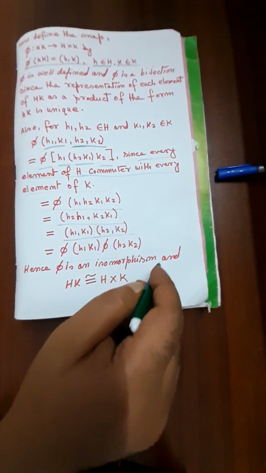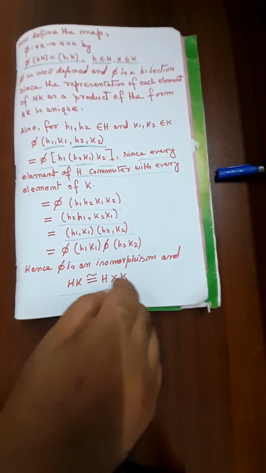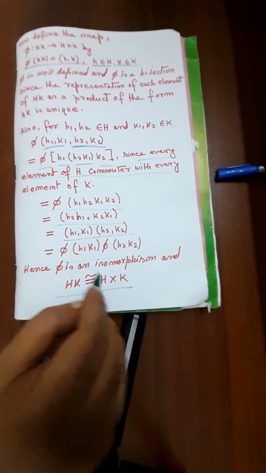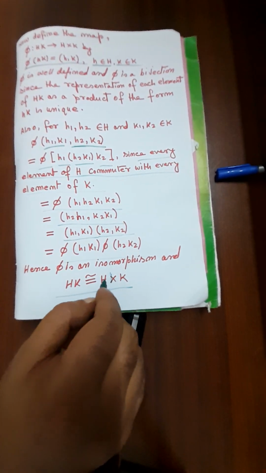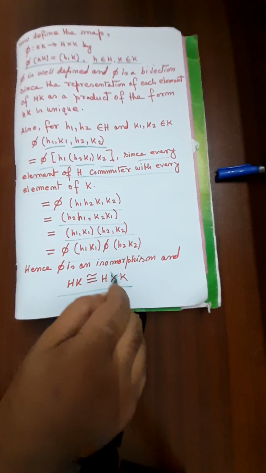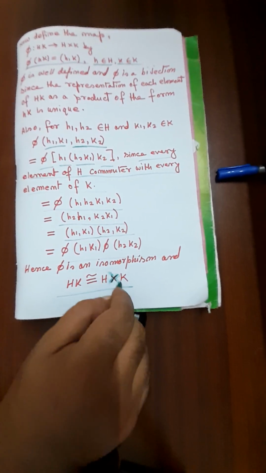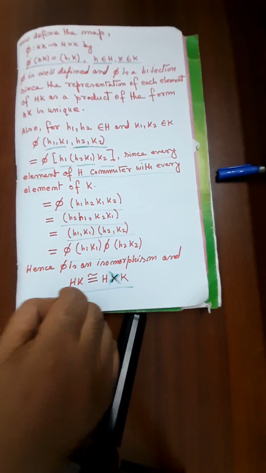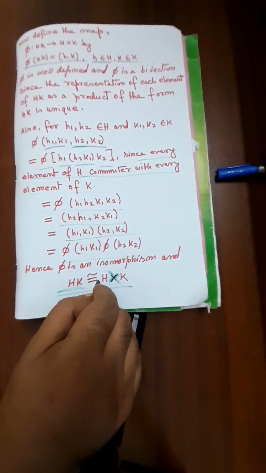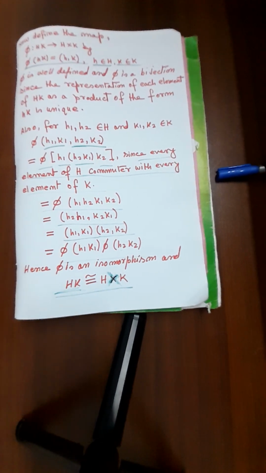Hence phi is an isomorphism, and that means HK is equivalent to the Cartesian product of H and K.